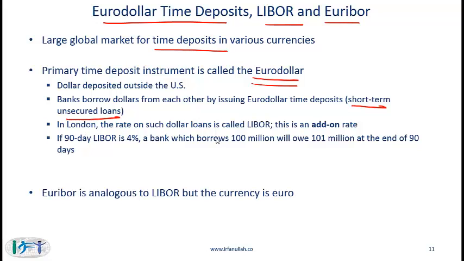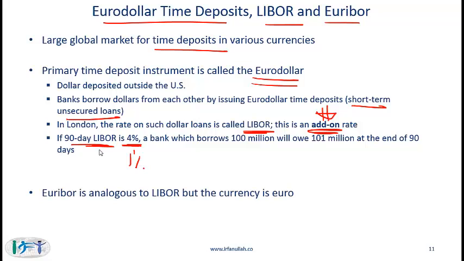These are essentially short-term unsecured loans. In London, the rate on such dollar loans is called the LIBOR or London Interbank Offer Rate, and this is an add-on rate, and you really need to understand what this means. When we talk about 90-day LIBOR, and we say that 90-day LIBOR is 4%, this 4% is an annualized number, which means that if we de-annualize by multiplying this by 90 over 360, we get 1%.